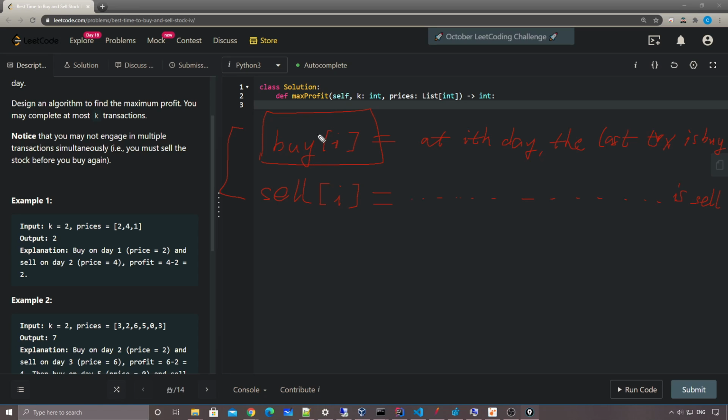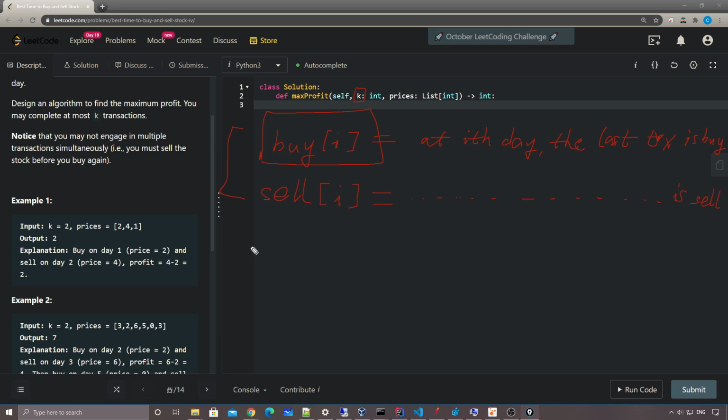So that's the basic version of this DP definition. But in this case, since we have K transactions, we're introducing another dimension of the DP array.